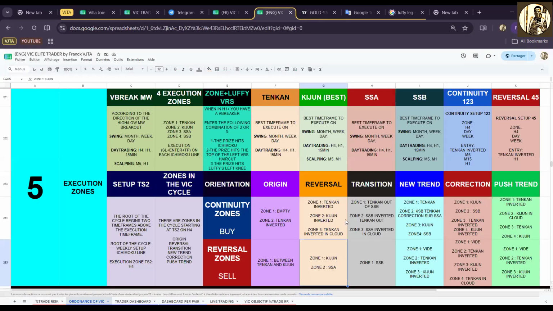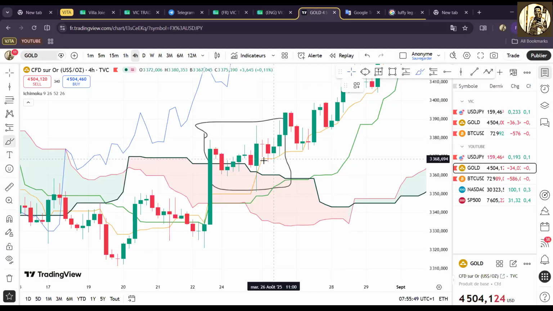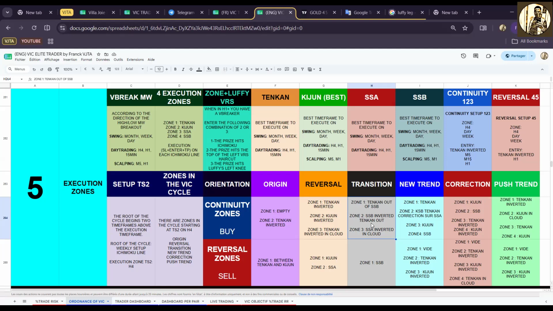So the continuity to the upside, you have Tenkan zone to the upside, you have Tenkan out of SSB. So when Tenkan is out of SSB, like this one, this Tenkan gives 100% chance for the price to go to the upside. You also have SSB inverted when Tenkan is out.